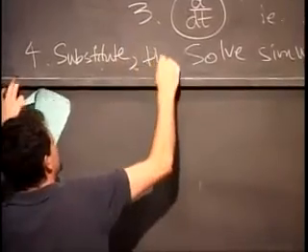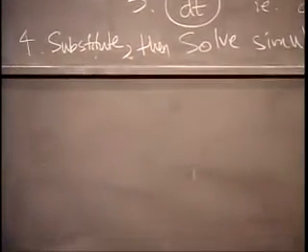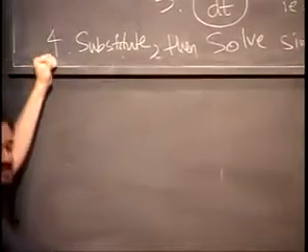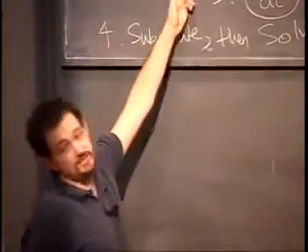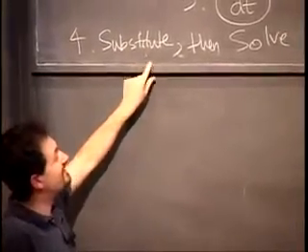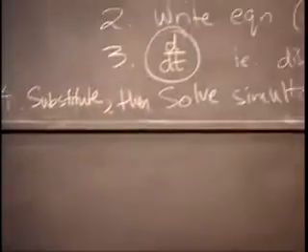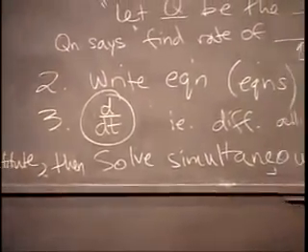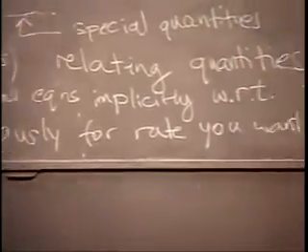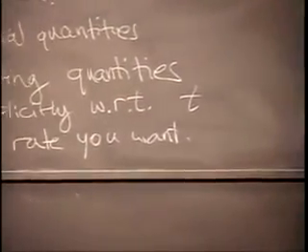Substitute, then solve. The point is that the substitution has to happen after the differentiation. Any variable quantities we're going to plug in are going to be plugged in after we differentiate. Again, this will make more sense when I look at an example, but I want to lay the groundwork. The only other thing that's left is then summarize in words.